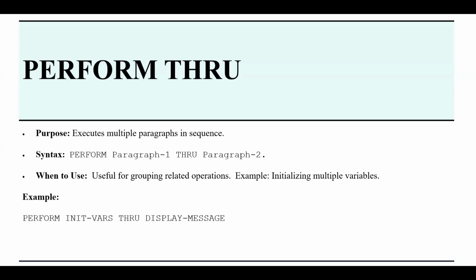First initialize, then display the statements. So perform the initialize para, then perform the display para. Here is the simple syntax: perform paragraph 1 through paragraph 2. It will perform para 1, then para 2, so both paras would be performed.